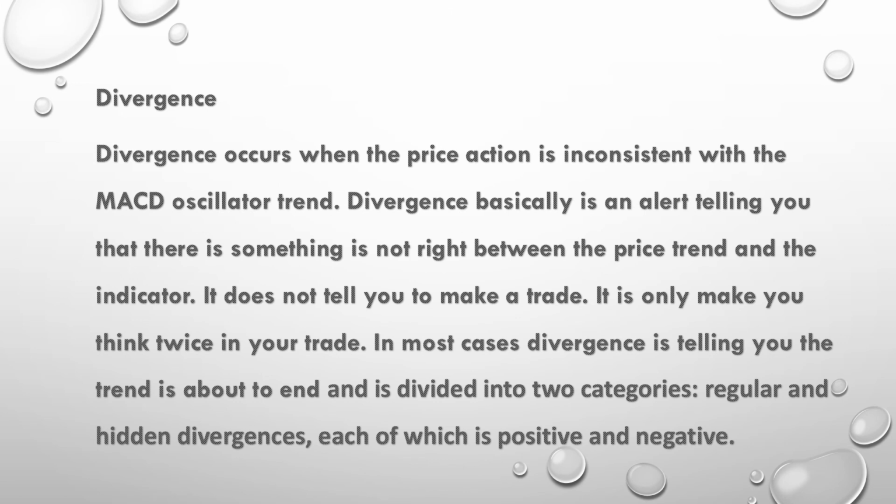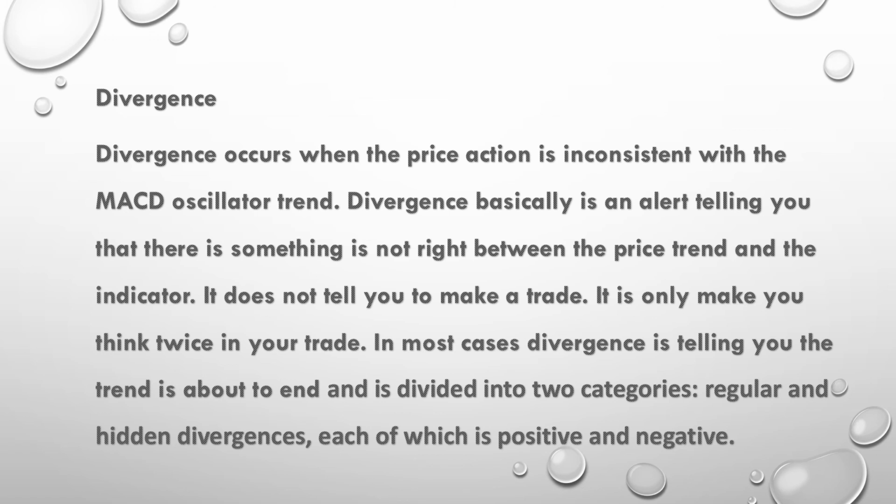Divergence occurs when the price action is inconsistent with the MACD oscillator trend. Divergence basically is an alert telling you that there is something not right between the price trend and the indicator. It doesn't tell you to make a trade.